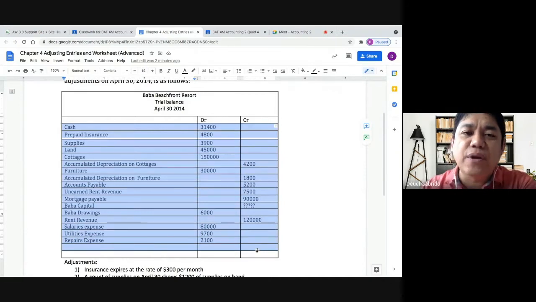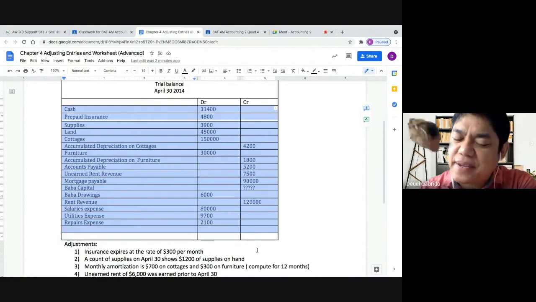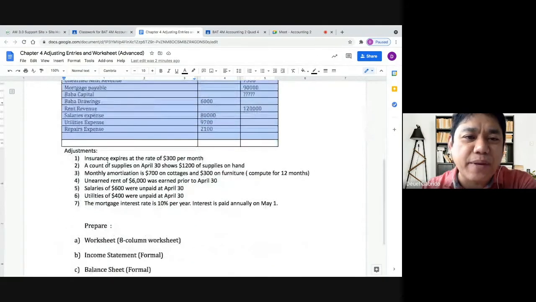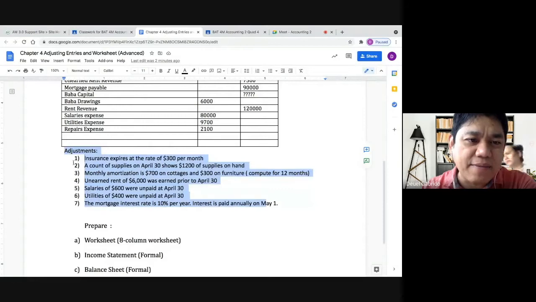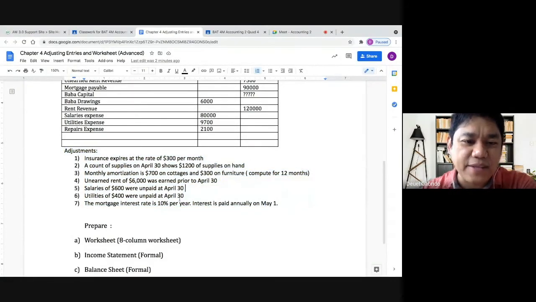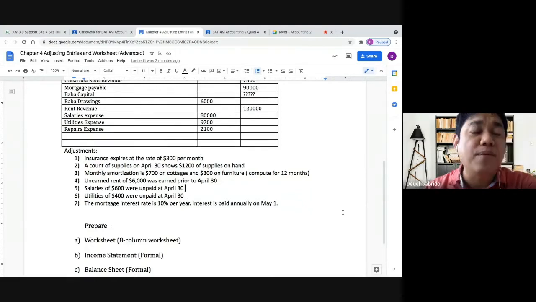When we say not adjusted, they are probably not correct yet because we have to make them right by doing the adjustments. I put there more advanced because there are 7 adjustments, guys, that we need to make. Unlike last time, we only had 2 or 3 adjustments, right?